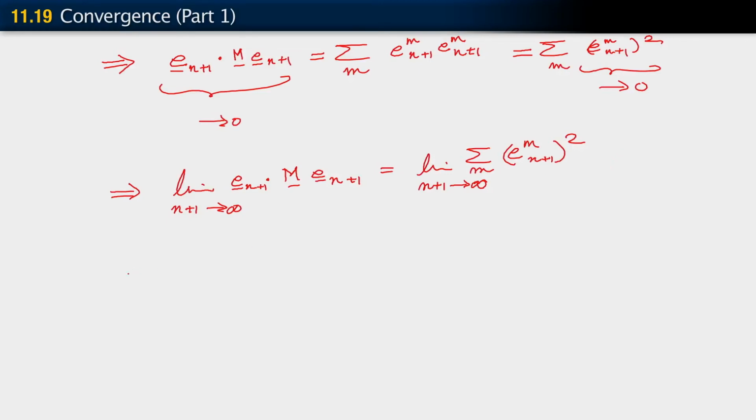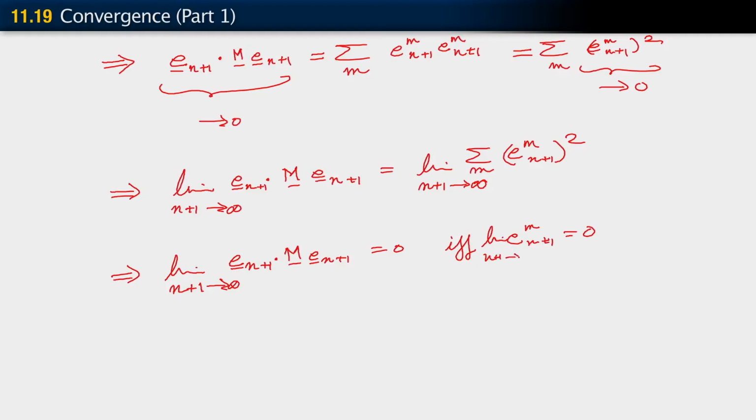All right, so the limit as n+1 tends to infinity of E^{n+1} dotted with E^{n+1} equals 0 if and only if each E_m^{n+1} equals 0 in the limit. Right? So it means that it's okay to just look at what happens with the modal coefficients.